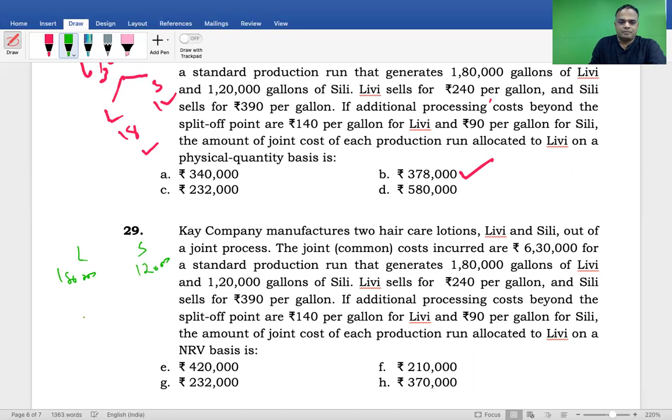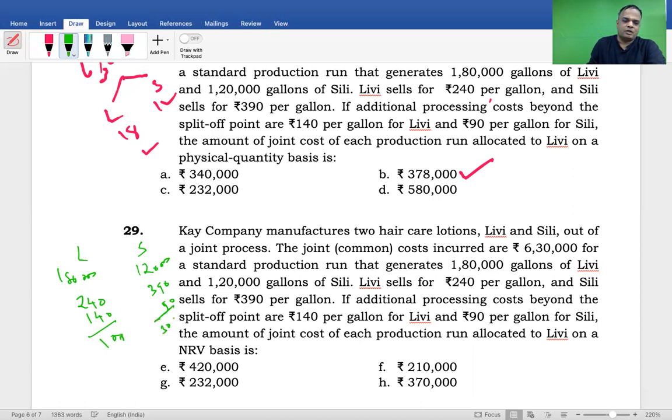Selling price: Livy 240, Silly 390. Less cost. How much is the cost for Livy? 140 you have to subtract, and 90 you have to subtract for Silly. Only 90, not 190. Therefore, the basis comes to 100 and 300.